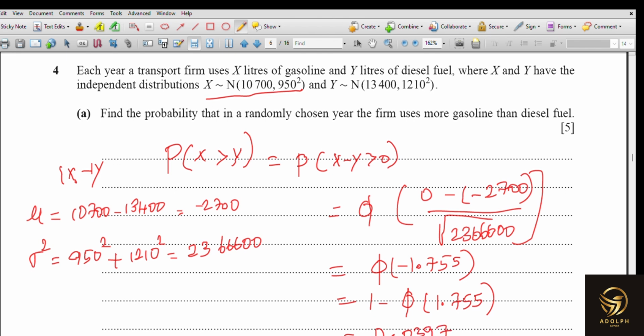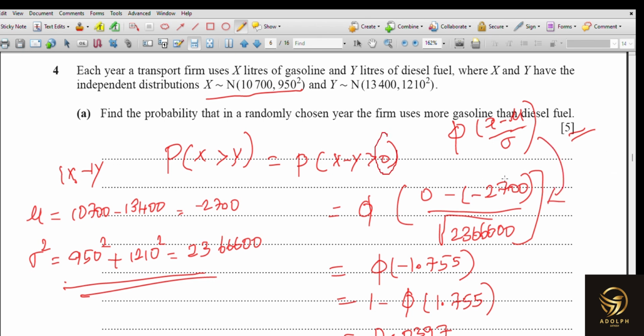If you see, the working is very little, but finding the mean and standard deviation actually takes a little more marks. That's why they are providing 5 marks. If you want the formula, it's quite simple: X minus mu divided by sigma. I just substituted the values.